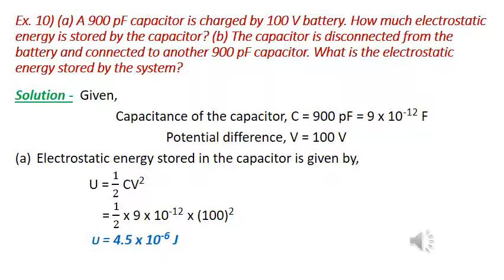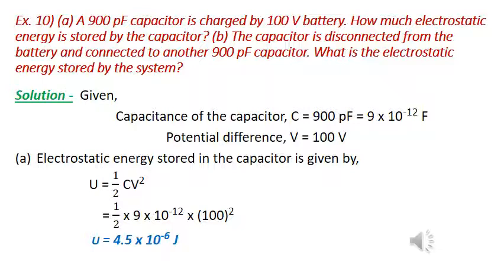And in second part, it is saying that when this capacitor is disconnected from the battery after charging and connected to another capacitor of same capacity, then what will be the electrostatic energy stored by the system?